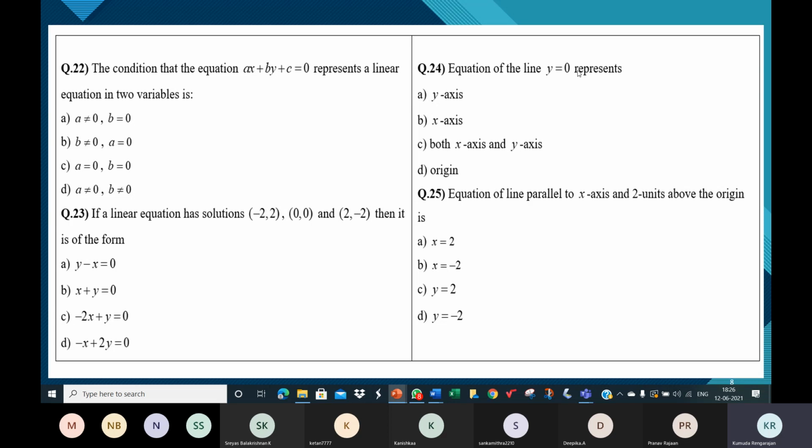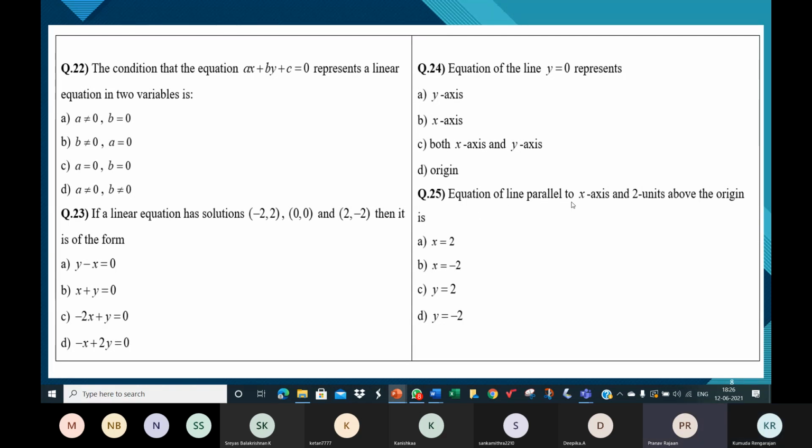The equation of the line y is equal to 0 represents D, ma'am. X-axis. Y is equal to 0 represents the x-axis. Equation of line parallel to x-axis and 2 units above the origin. Y is equal to 2, ma'am.